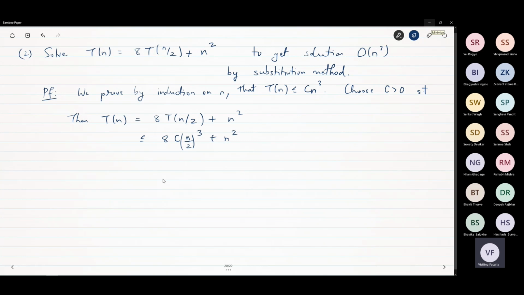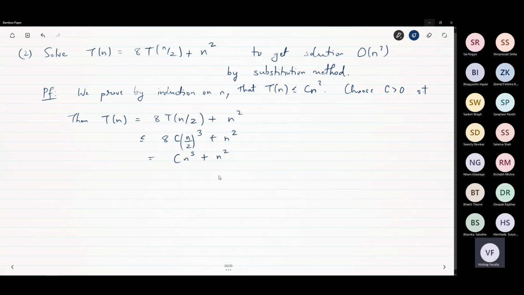So by induction hypothesis we have this, and what is this equal to? 2 cubed is 8. So this is just C n cube plus n square. Is this much clear?